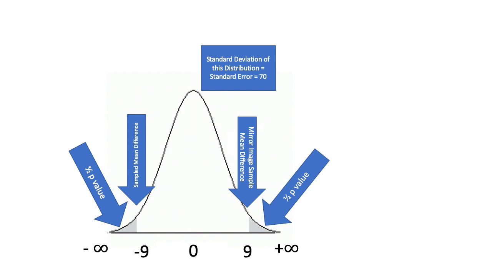Then we place our sampled mean difference on the curve. In this case, it's -9, so it goes on the left side, right? And I got an arrow pointing to it. And then we put our mirror image of our sampled mean difference on the curve. That's +9. And then I have these two arrows saying that this shaded area is half our p-value and this shaded area is half our p-value.